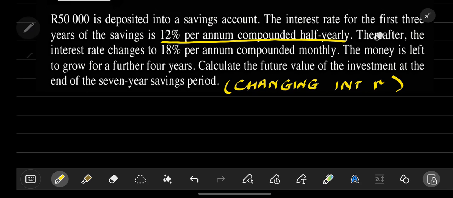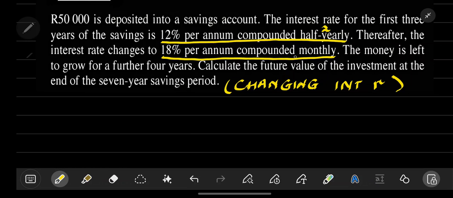Thereafter, I'm continuing to read here, the interest rate changes to 18% per annum compounded monthly. So we have another interest rate there. It has changed from 12%, which was compounded half yearly. Do you still remember what we talk about when we talk about half yearly? We talk about 2, ne?